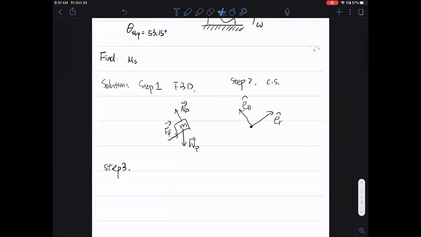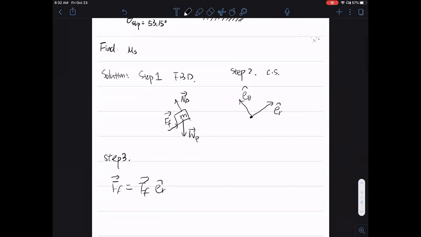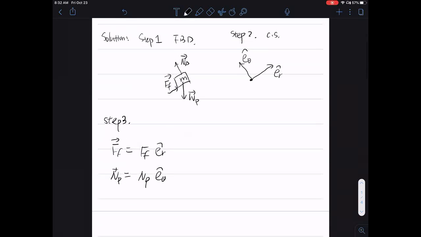Okay, so now let's write all the forces. The friction force is F_f in the positive e_r direction. N_P, the normal force, is in the positive e_theta direction. Yeah, I'm making that mistake again here. However, your W_P is angled based on your coordinate system.